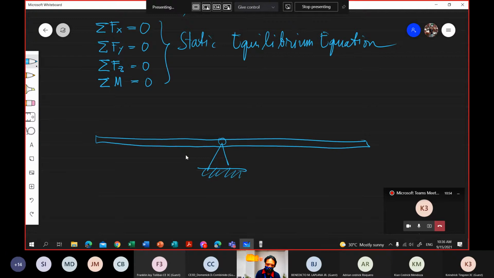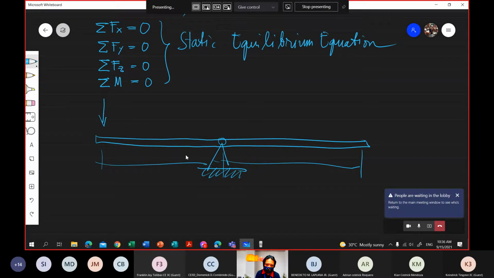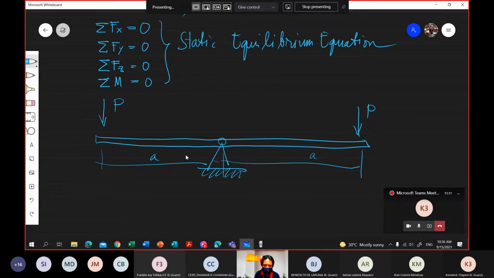Now, this will be in equilibrium if the force here, knowing that this distance is equal to this distance, let's say we name this A and this A, if the force here, P, and the force here, P, are the same and located at the same distance from the support.